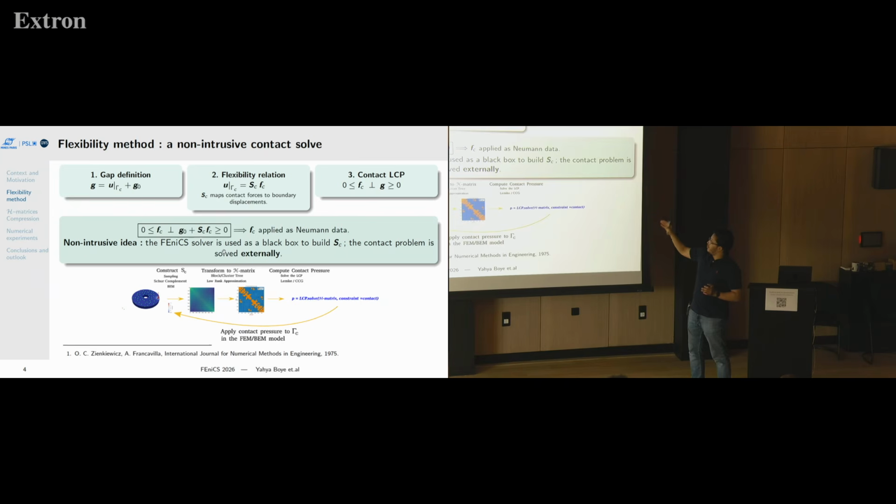And this leads to recasting your contact conditions to an LCP, a linear complementarity problem. You can solve this LCP independently from your global problem and get the contact forces and then apply them back to the global problem, the elasticity problem, as Neumann data.